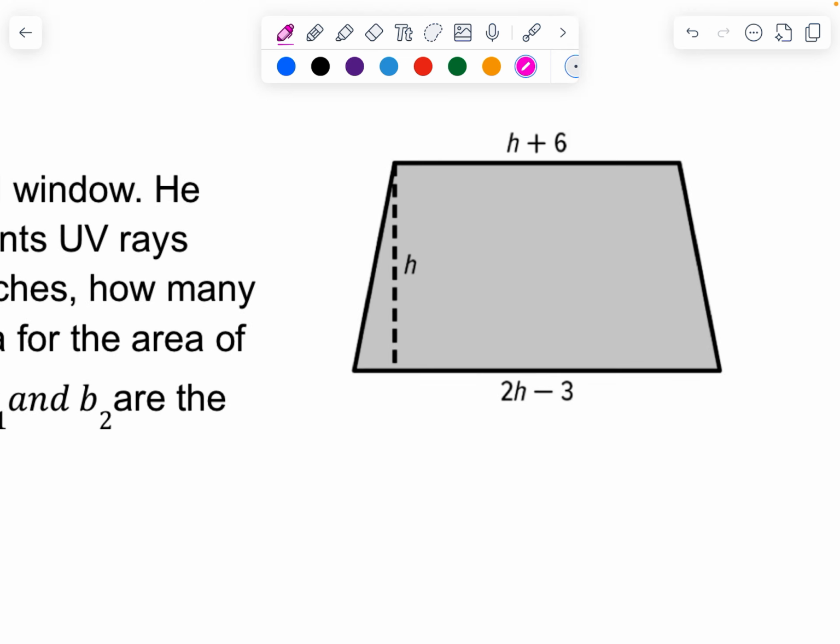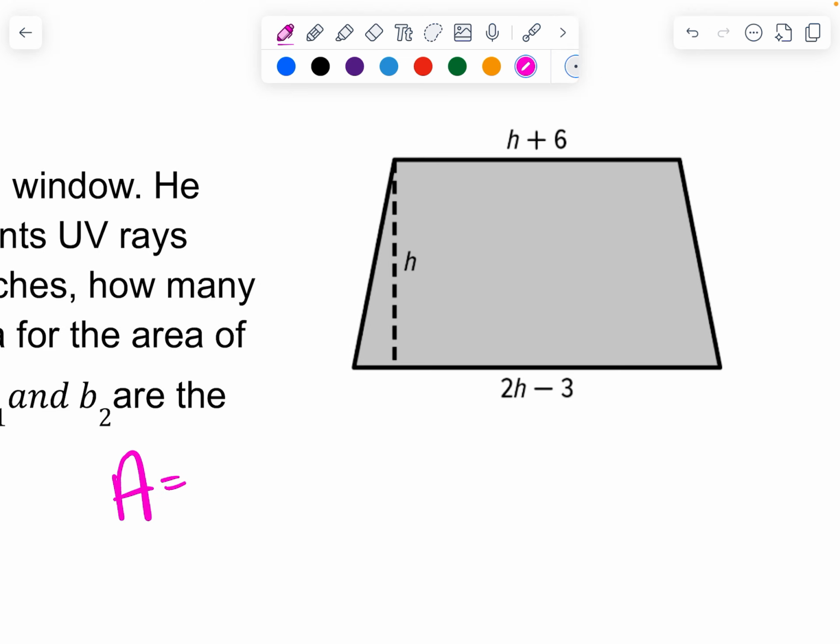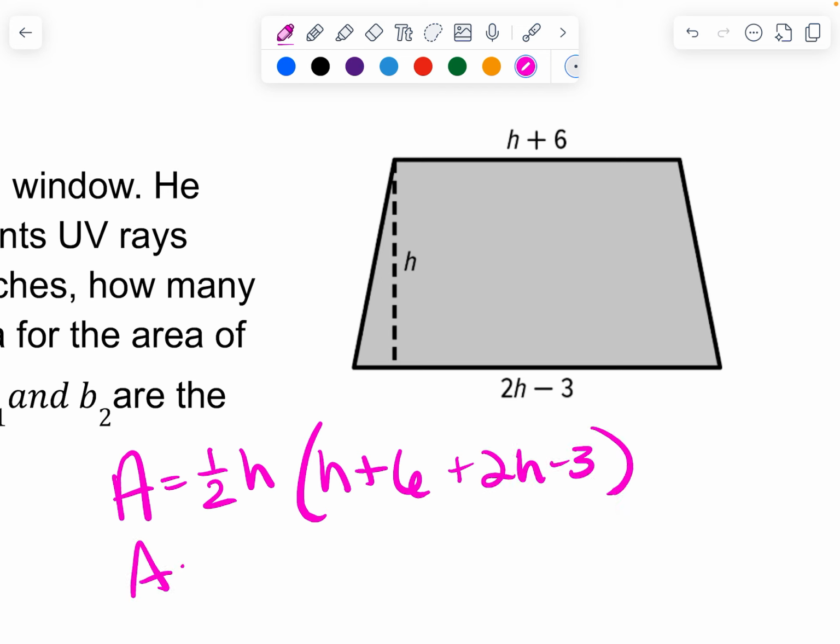So if I look at this, I have area equals 1/2, and then we have an H. Then we're going to add these two. So if I do that, I get 1/2 H, and then I have 3H plus 3.